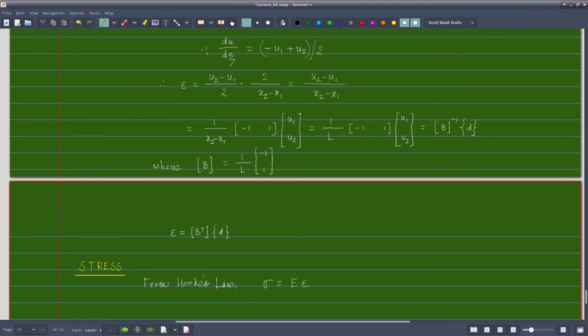And therefore by putting the value of epsilon from here in terms of the strain displacement matrix, I can write sigma as E times, E is a constant for one-dimensional element, otherwise it will be a matrix, so we'll call it constitutive matrix C, then B transpose into D, where D is my nodal displacement vector.